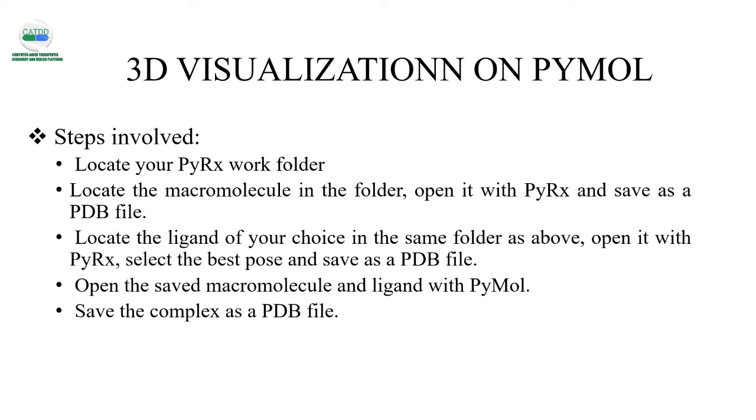When you want to visualize the result of your docking, you have to locate the work folder. There are three folders there: the etc, the ligand, and the macromolecule. The macromolecule folder is going to contain the result, the poses that were generated for the ligand, and the macromolecule that was used for the docking process.